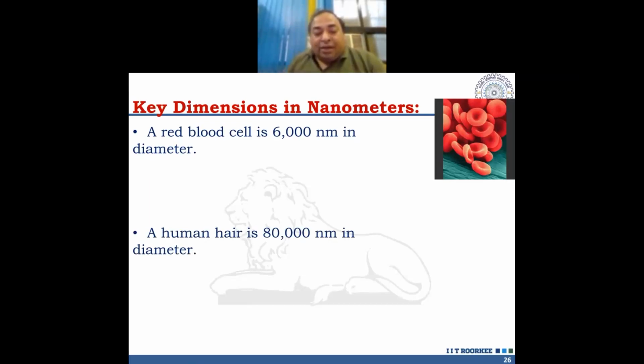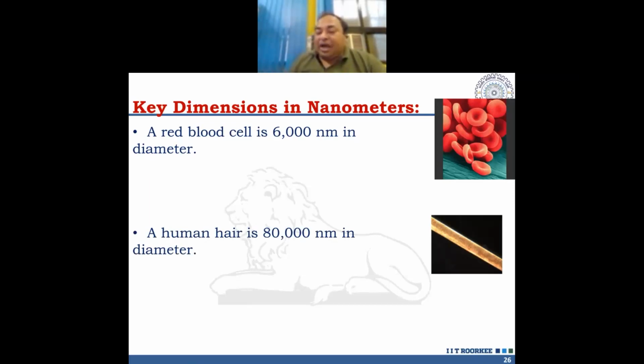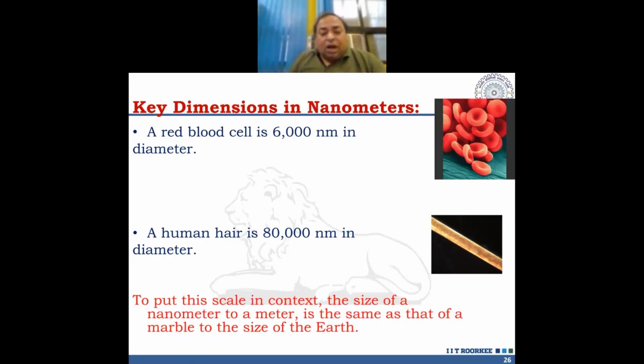A human hair, as we already talked about, is about 80,000 nanometer in diameter. To put this scale in context, the size of a nanometer to a meter is the same as we have already talked about, that of a marble to the size of the earth. So I am repeatedly talking about the size to give you an idea about what we are talking about, where the interesting point lies.